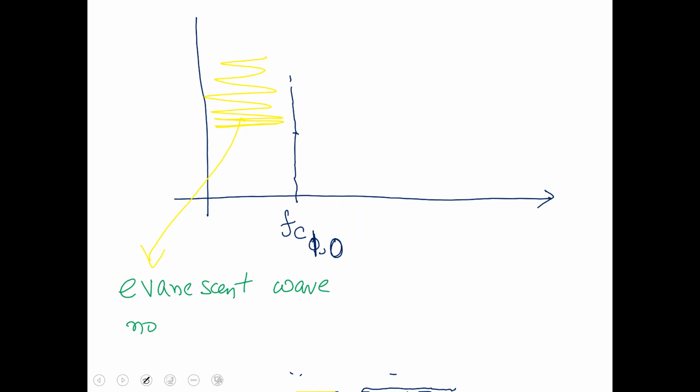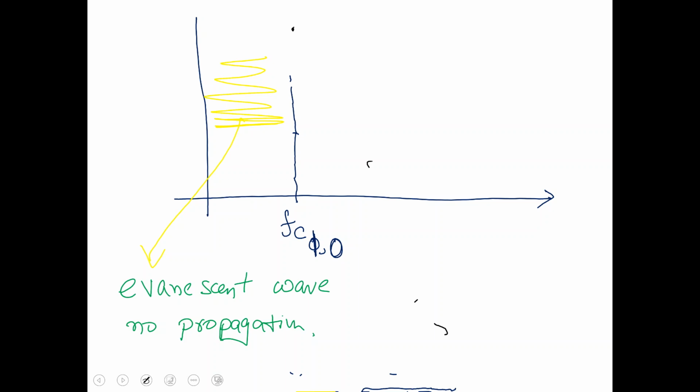No propagation. Whereas over here, when the operating frequency F is equal to Fc, the term 1 minus Fc by F goes to 0. So the loss is going to be infinity.